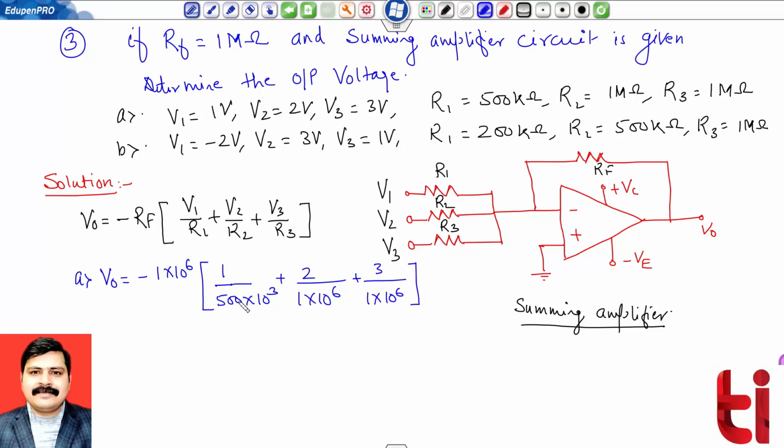By solving, now it will have 10 raised to power 5 and 5. So I will multiply numerator and denominator by 10. So it will be 10 divided by 5 into 10 raised to power 6.